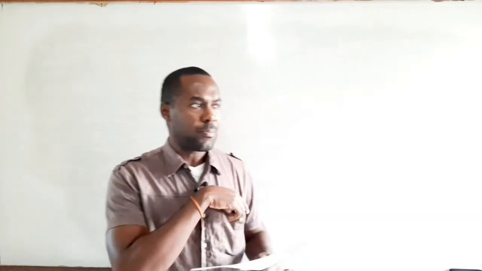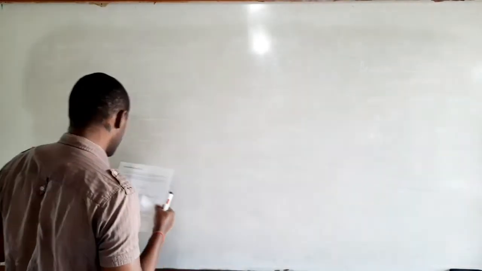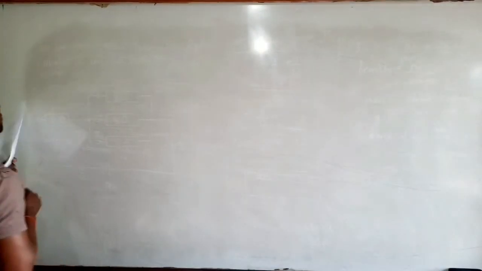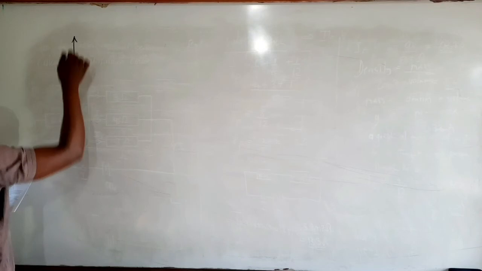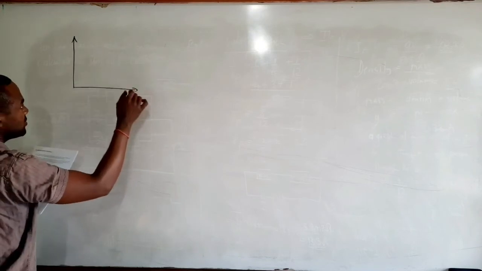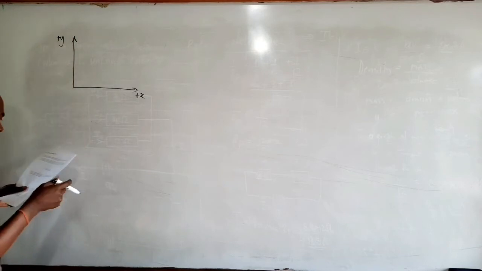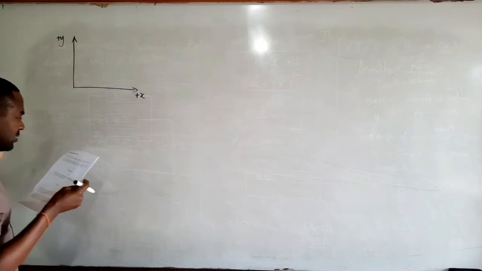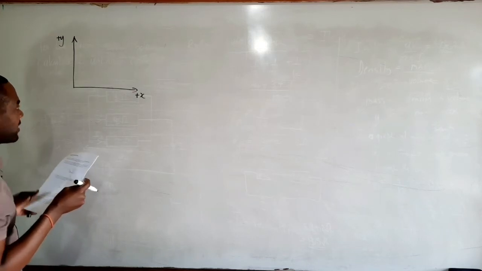So first, we represent the situation on a simple vector diagram. We draw our x and y axes. So this is our positive x, positive y, as indicated. And the force vector has a magnitude of 575 newtons and points at an angle of 36 degrees below the positive x-axis.